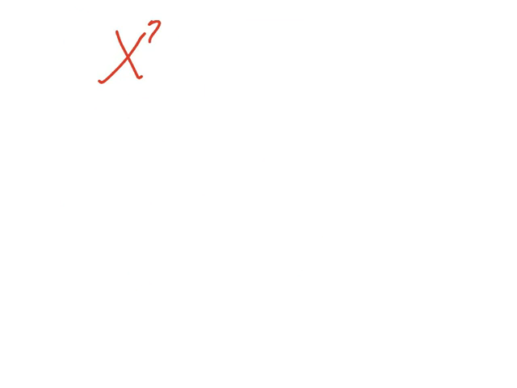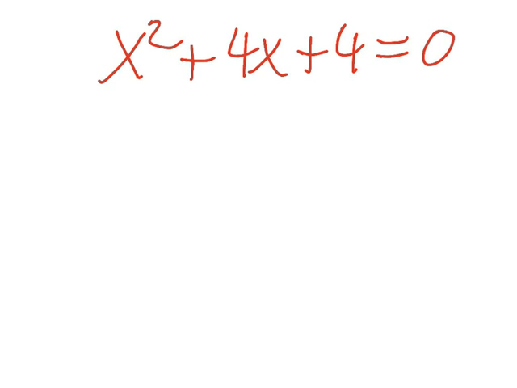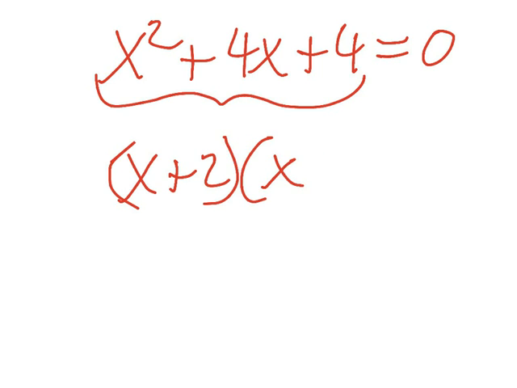If we have x squared plus 4x plus 4 is equal to 0, that's why it's important to set it to 0. Because now if we factor this, we can say that this is x plus 2 times x plus 2 is equal to 0. Now the zero factor property says that if we have a product of anything equal to 0, then one of those factors, or all of them, must be equal to 0.